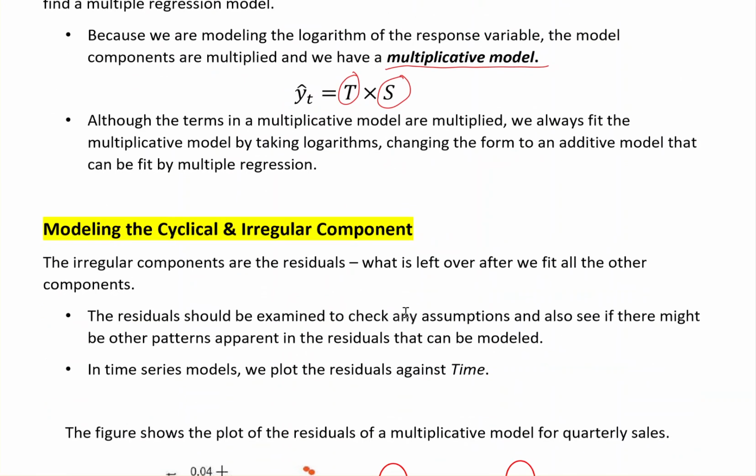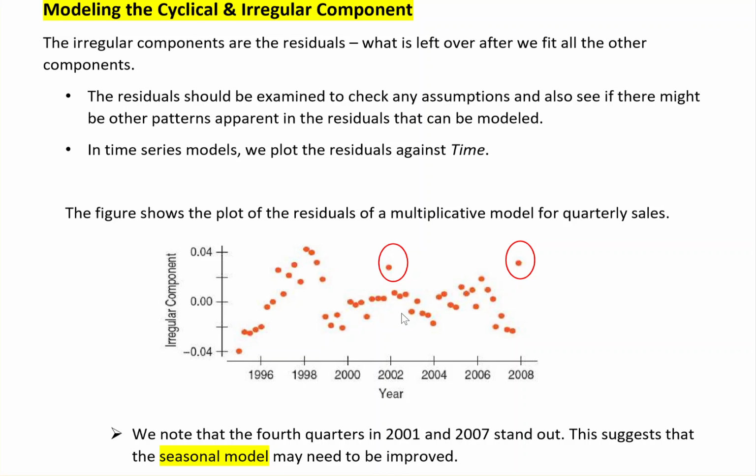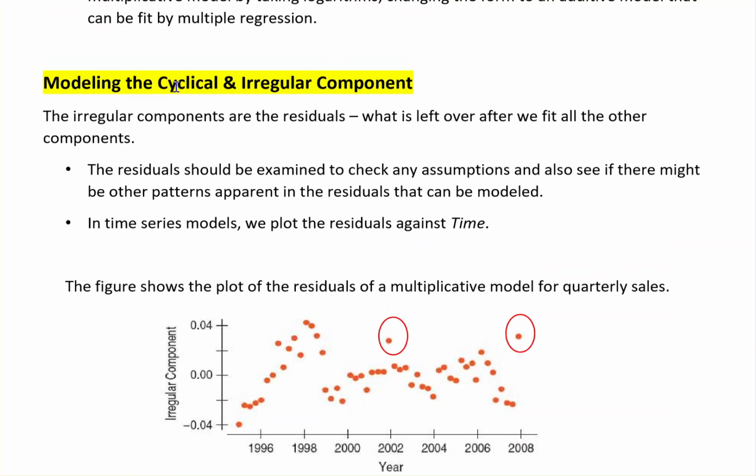Next, we still have two components left, the cyclical component and the irregular component. Can we model these two? Actually, we cannot model the cyclical component. In the previous video, I talked about the cyclical component. The procedure of modeling it is very complex, and it is based on understanding the detailed data.